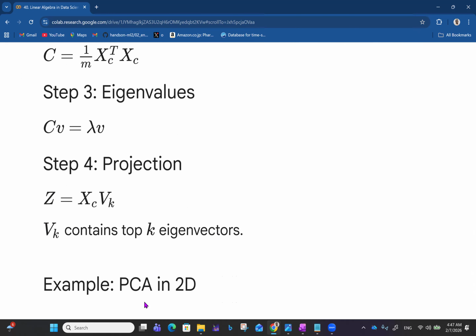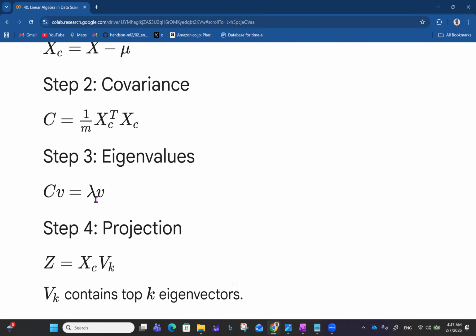And then from there, you get the eigenvalues. Eigenvalues talk about the fact that when a matrix acts on a vector, it ends up scaling that vector, right? And then you go ahead and talk about projection, which we talked about a lot under orthogonality. And you have Z. So you can see all the concepts coming together: eigenvalues, orthogonality, and all that.